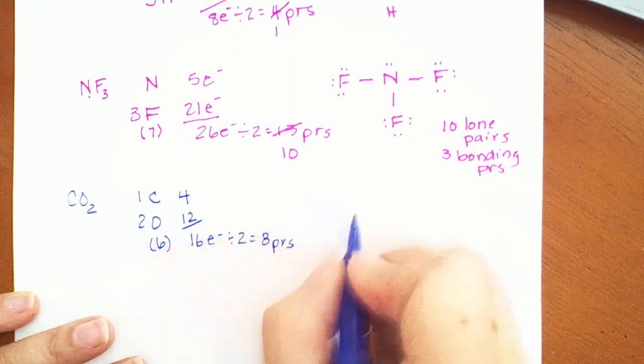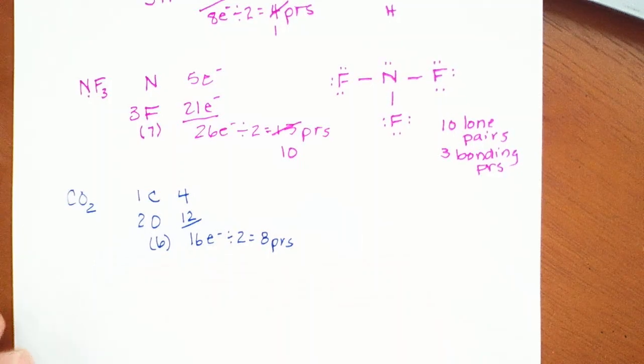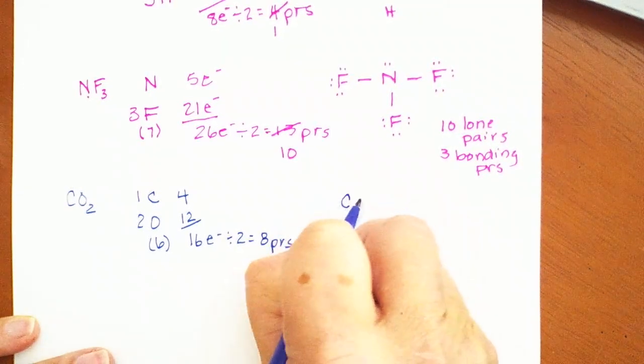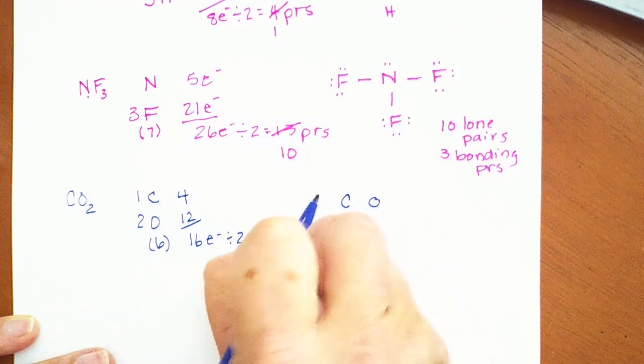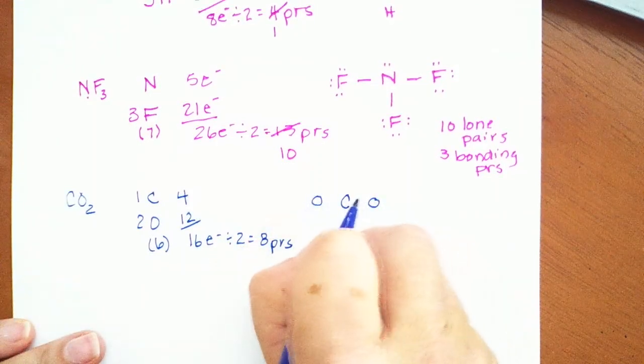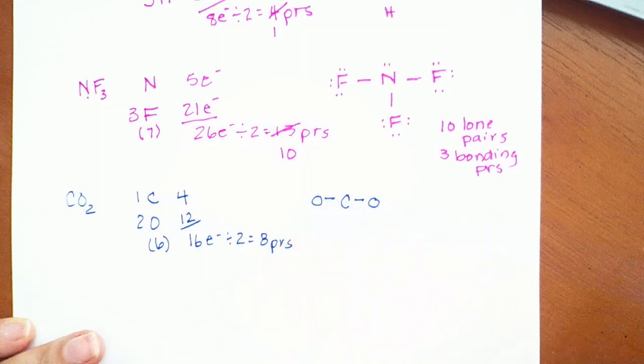Okay, so carbon is going to be in the middle. It is the farthest to the left, but also this is a wheel. So since you have 2 oxygens, you're going to need to put the carbon in the middle. Next, I'm going to connect the carbon to the oxygens by 1.